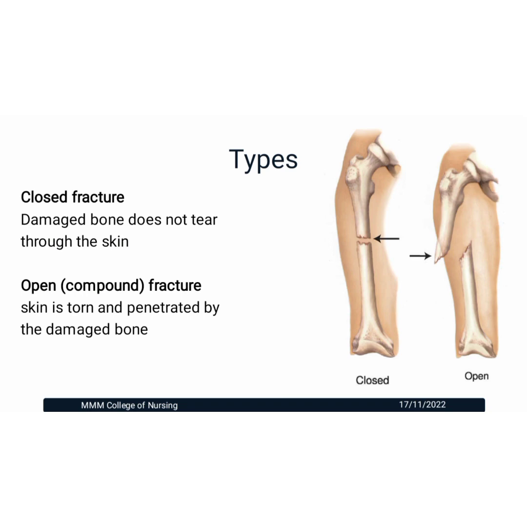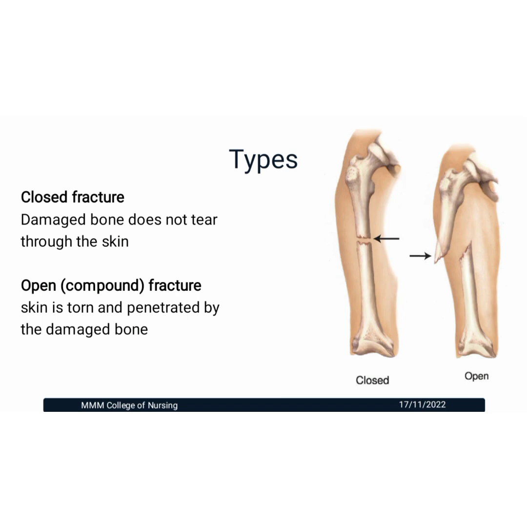Fracture is mainly classified into two different types according to the involvement of soft tissue and especially the skin. That is closed fracture and open or compound fracture. Closed fracture: damaged bone does not tear through the skin.